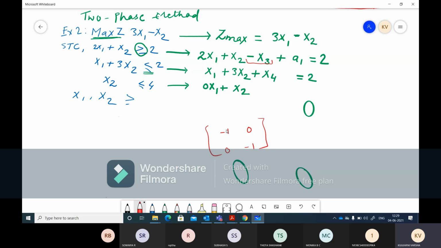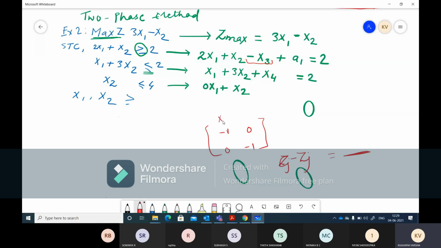This minus value means that when we start the calculation, we will not get feasible values for Cj minus Zj; we'll get infeasible values because of this minus 1.